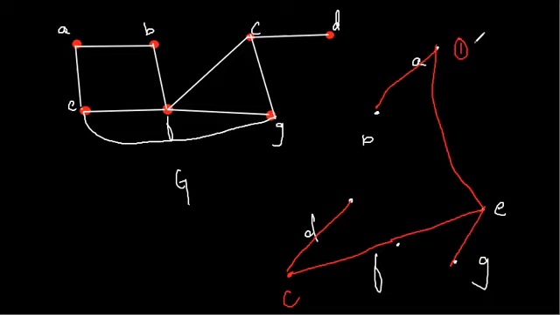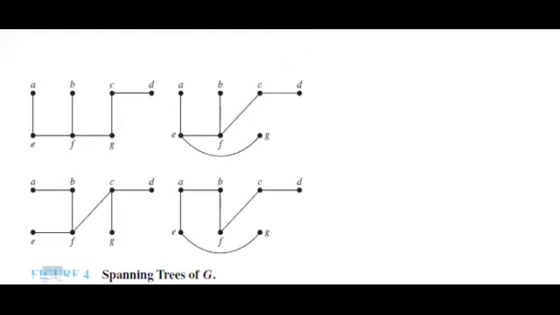The graph that I have shown you earlier, for that graph we have drawn a tree, but that is not the only spanning tree. Basically, there are multiple spanning trees for a simple graph.